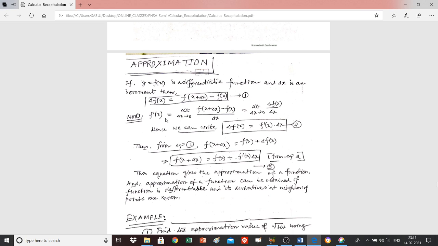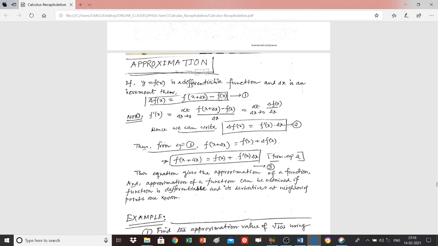Now we wish to differentiate this function f(x), that is f prime x, and you know the definition of f prime x from the knowledge of limit: as delta x tends to 0, f(x plus delta x) minus the initial one, divided by the increment delta x.